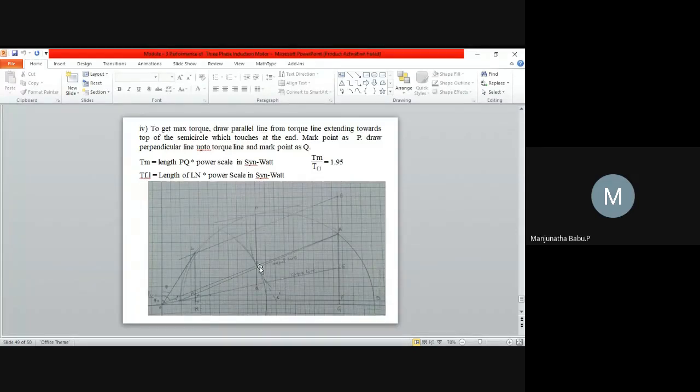Move that scale towards the top of the circle. Where it touches, just draw a line. Don't take the center of the circle. Somewhere towards the left, you can see it will be touching.